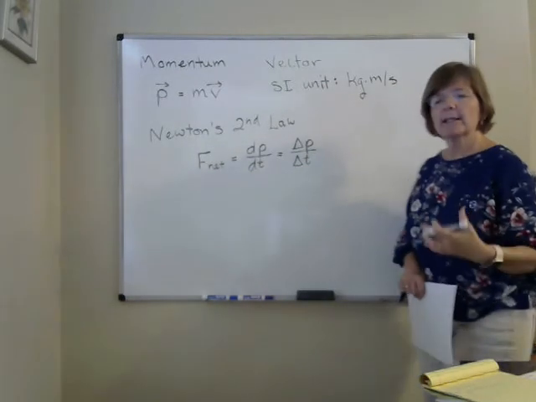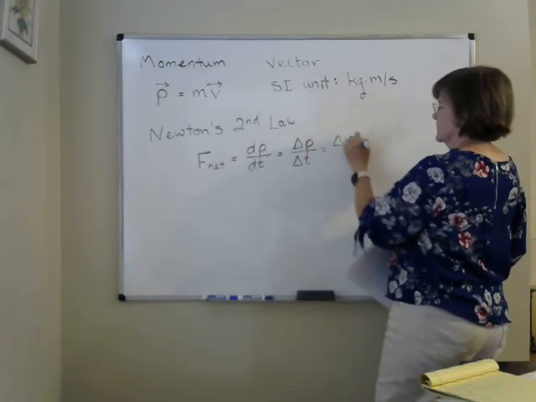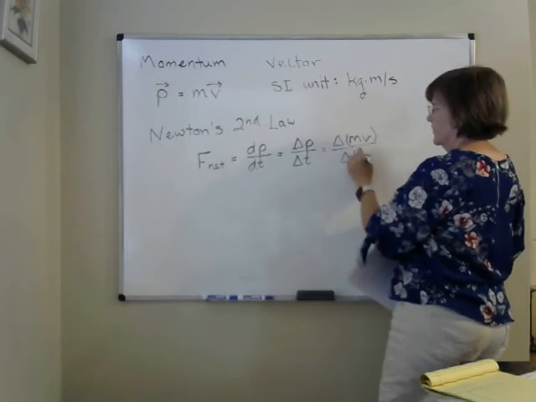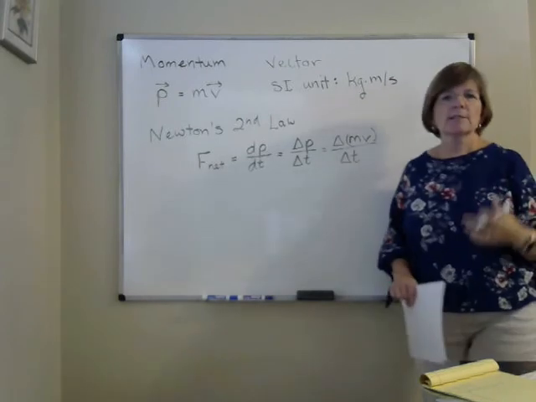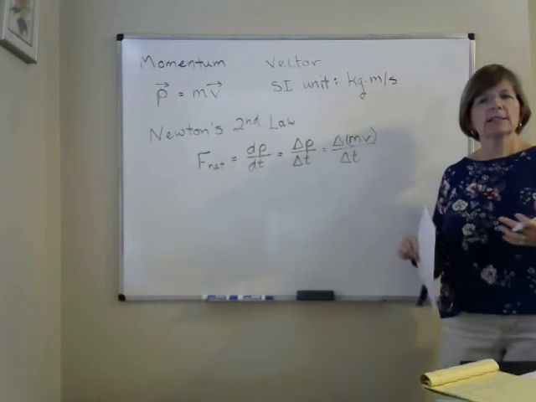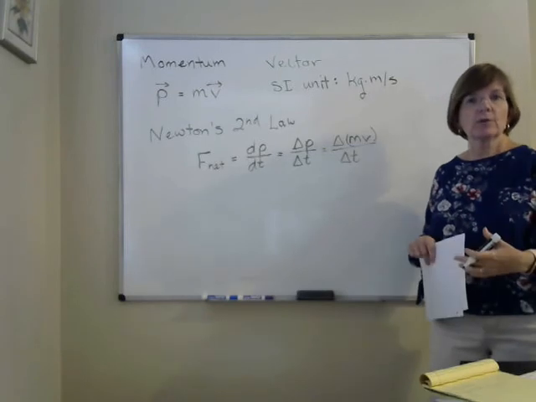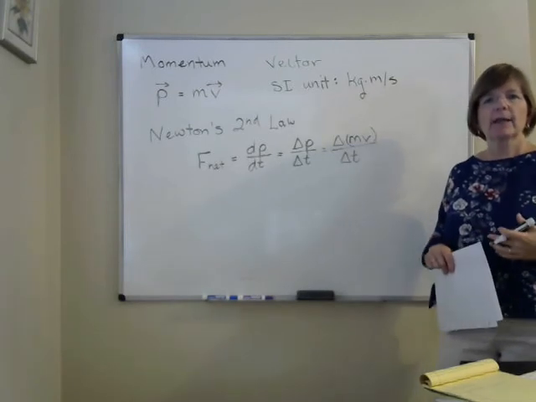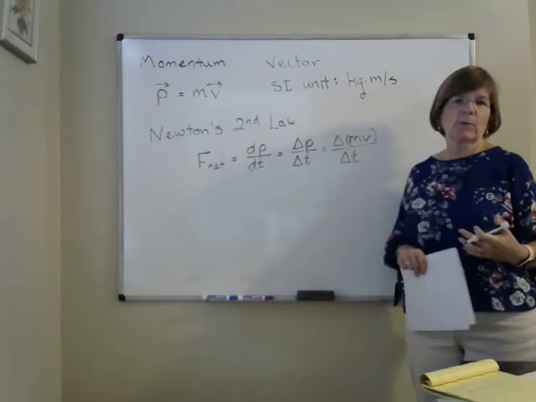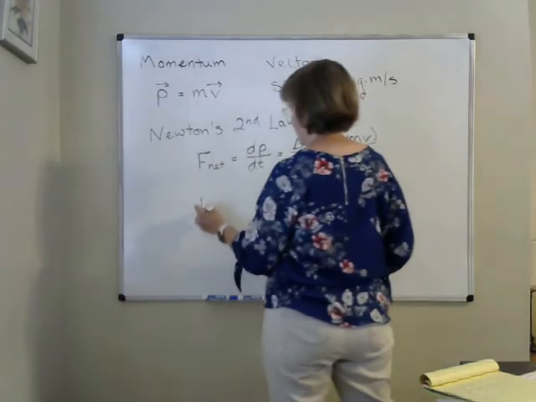However, we think about what it means to have a change in momentum. It's possible in situations for the mass to actually change and to have a situation where both mass and velocity are changing. A perfect example would be a rocket that's burning fuel so that its mass is a function of time as well as its velocity. But if we take that possibility off the table and assume we're talking about something that has a fixed mass, we get this situation.